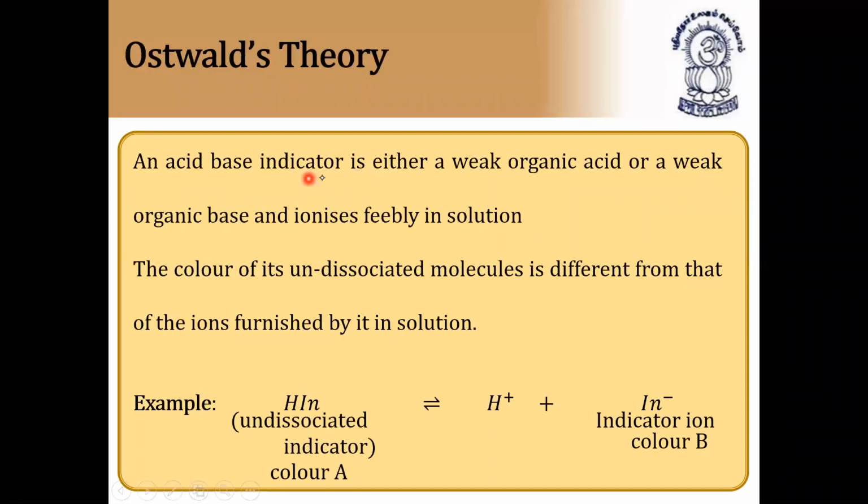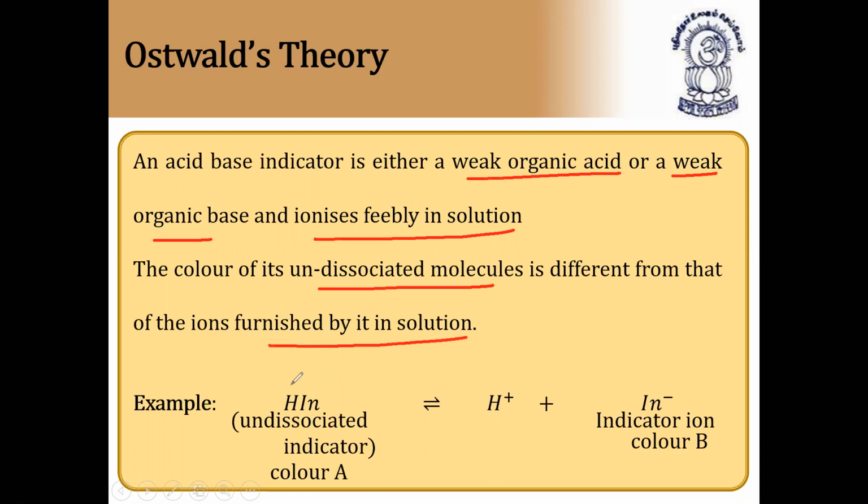According to Ostwald's theory, an acid-base indicator is either a weak organic acid or a weak organic base and ionizes feebly in solution. Ionizes feebly means very little. The color of its undissociated molecule is different from that of the ions furnished by it in the solution.